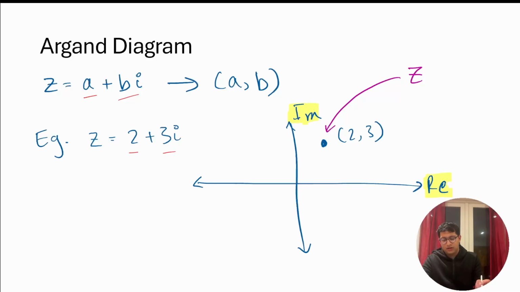You simply plot the coordinates. Instead of x and y, the x-axis, remember this, is always the real axis, the y-axis is the imaginary axis. So if you see a complex number a plus bi, you just plot (a, b) like you would plot (x, y) on an xy graph. So 2 plus 3i would be as shown here. This is 2, this is 3. 2 on the real, 3 on the imaginary.